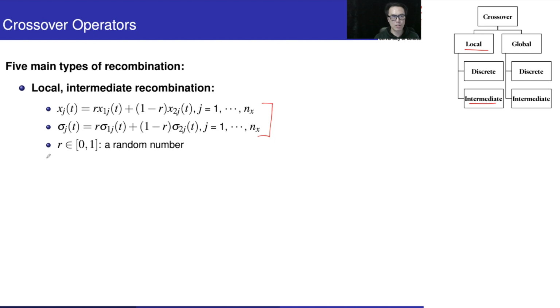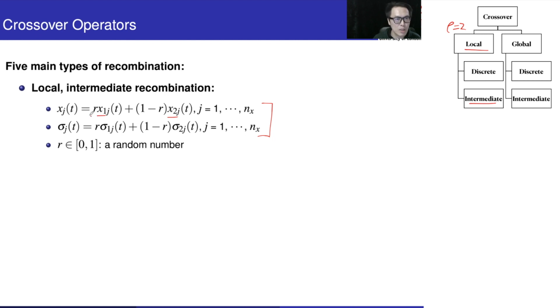Look at this equation. Xj is the jth position of the offspring. When we do local, rho is 2, which means we are going to use 2 parents, and each time we generate one offspring, involving parent 1 and parent 2, that is x1j, x2j. x1 is the first parent, x2 is the second parent, j means the jth position of the parents.